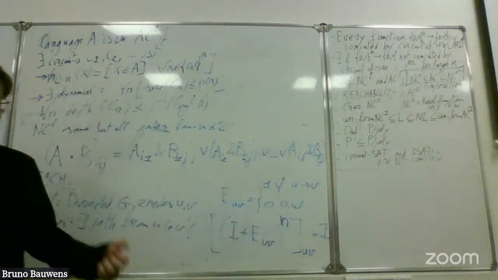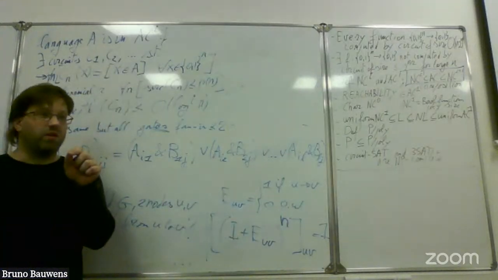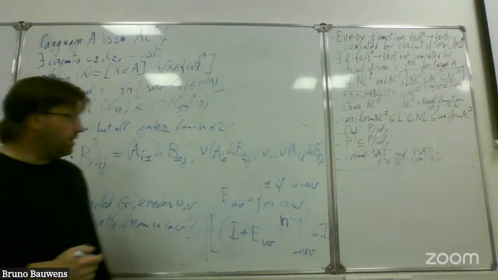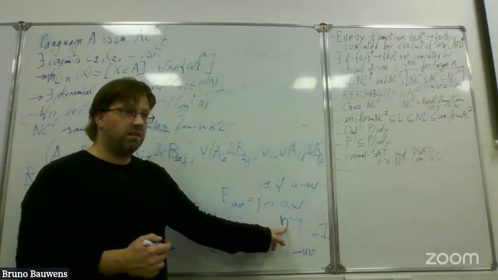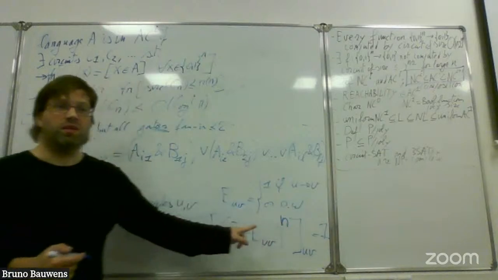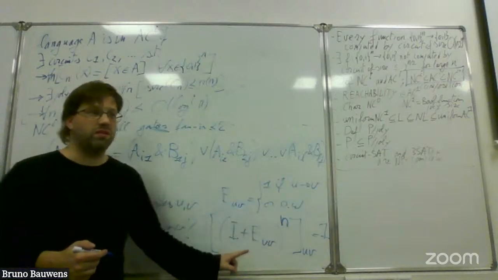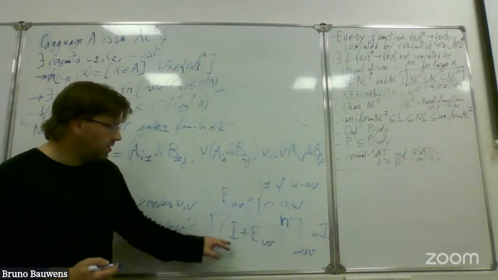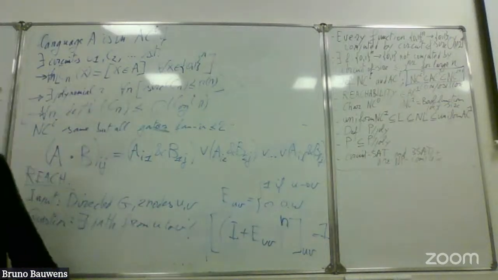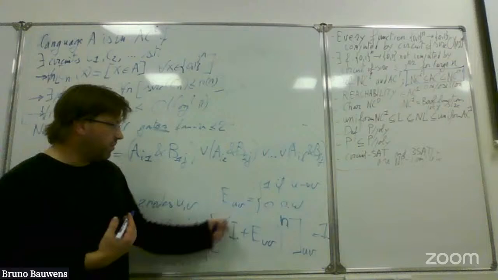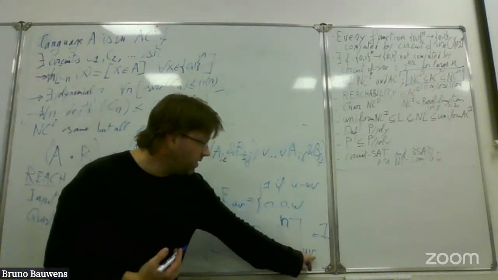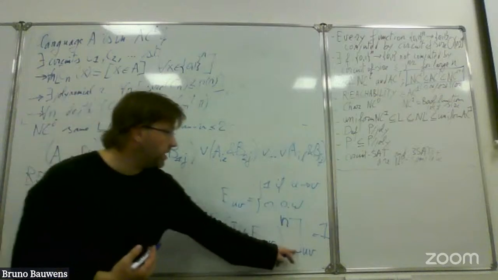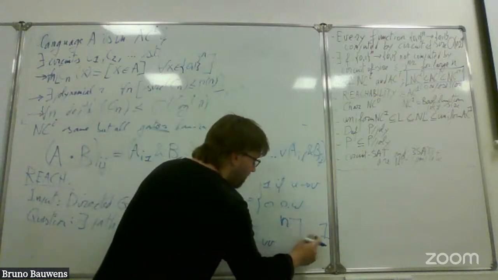So what we basically do is add self loops to all the nodes, and then we check whether there is a path of length exactly n. That's the idea. Let me check if everyone understands this. So the claim is there is a path from U to V if and only if element UV of this matrix is equal to 1.